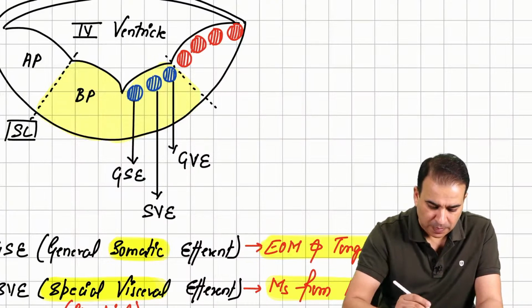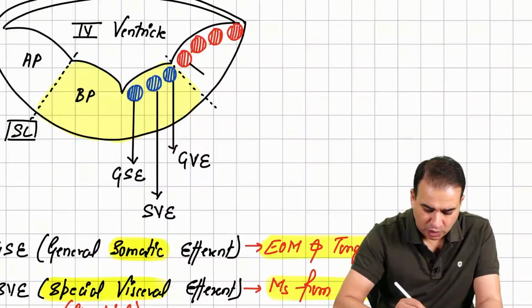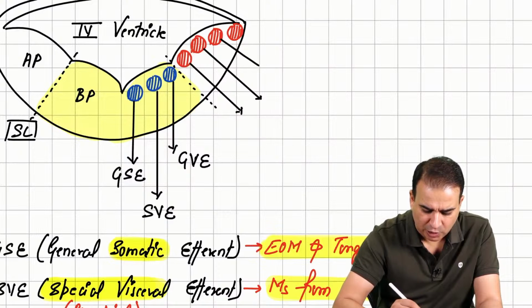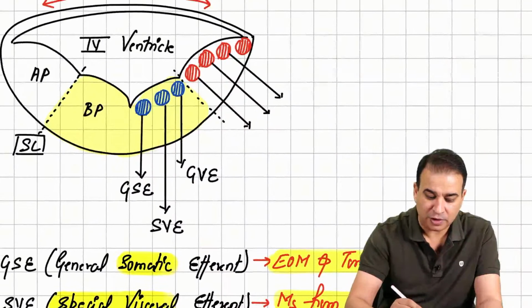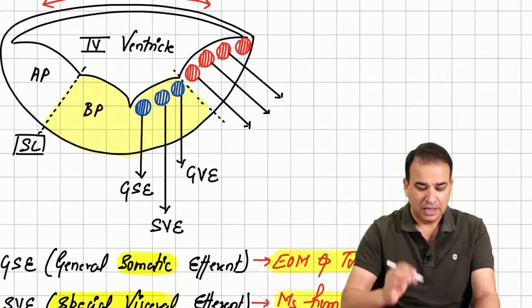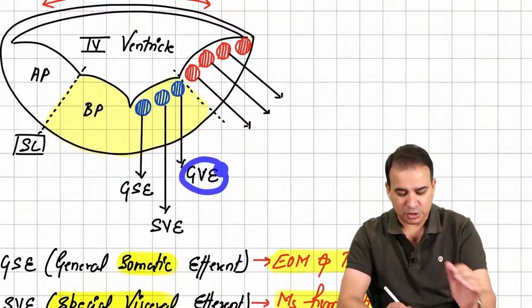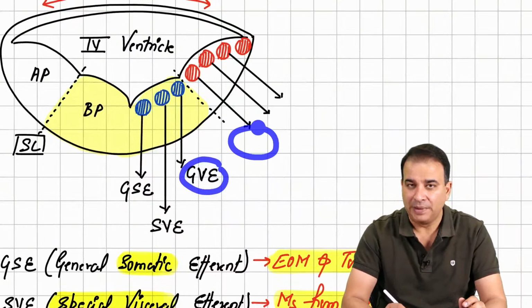So when you look at the afferent column, you will see that the nomenclature of the afferent column is extremely simple. I mean, you should never get it wrong when it comes to the column and the sequencing, because you will get the hint from the efferent column only. Now understand this. This is GVE you're looking at here. Let's go with the mirror image. The GVA will be here.